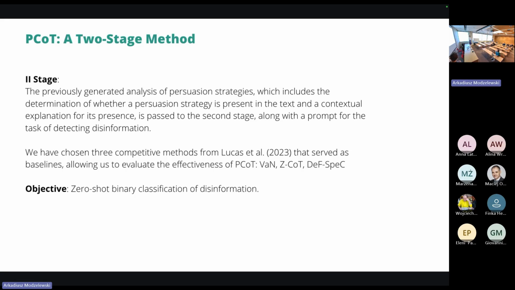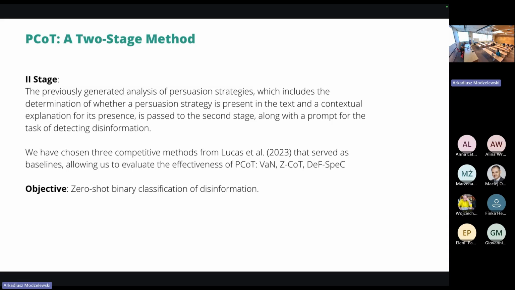And in the second stage, we passed the knowledge about persuasion strategies. This time it's generated analysis, and also we detect disinformation in the second stage. The whole PCOT was compared to these 3 methods taken from the EMNLP paper. So the objective here was zero-shot binary classification of disinformation.